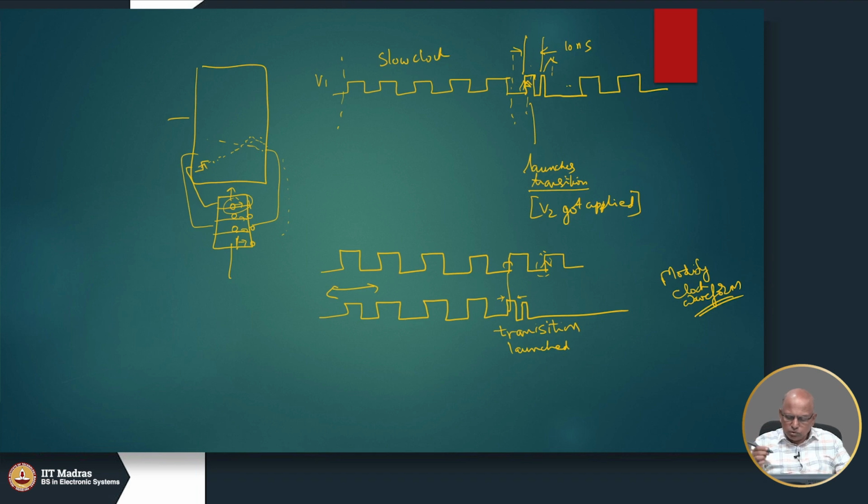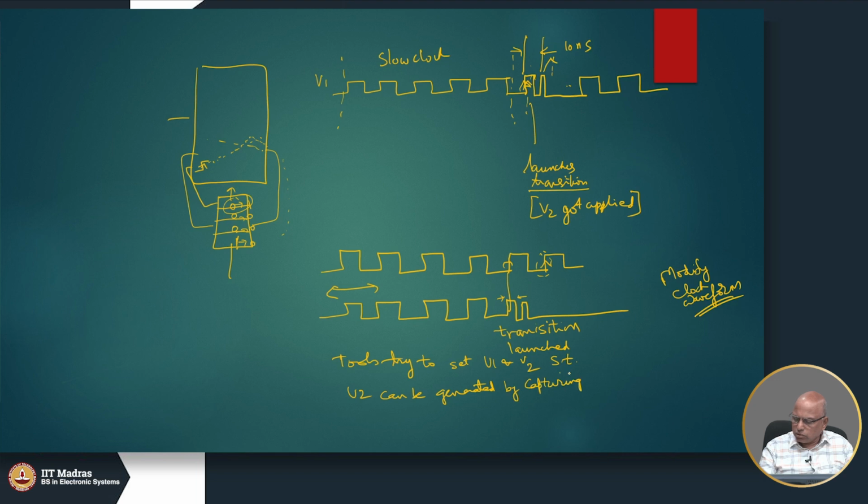So tools try to set V1 and V2 such that V2 can be generated by capturing the response of V1.